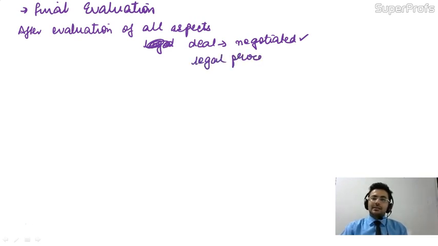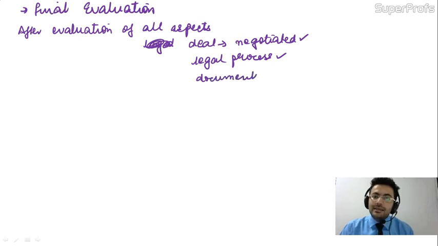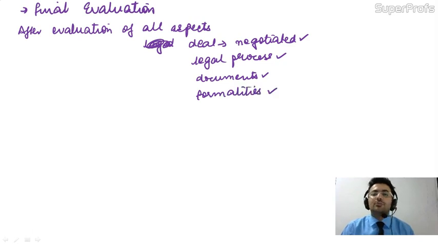Entering into an alliance requires some drafting, and after that registration of that shareholders agreement. When it comes to alliance, there's an agreement. All the legal process has been complied with, documents have been properly executed, and if there are some formalities related to the alliances, those have also been done. So that is basically final evaluation.